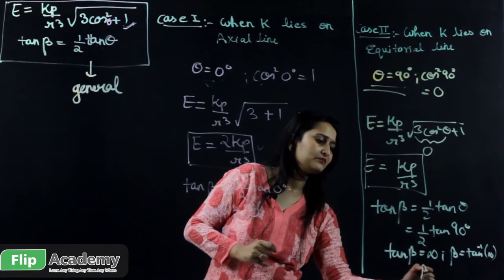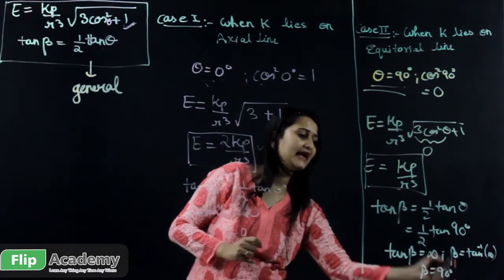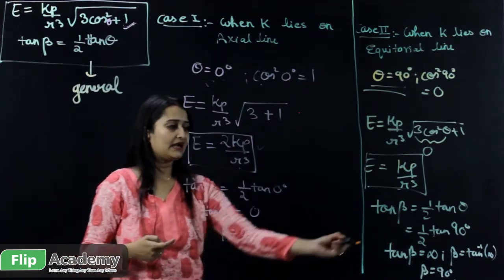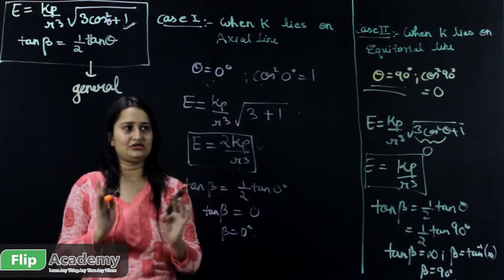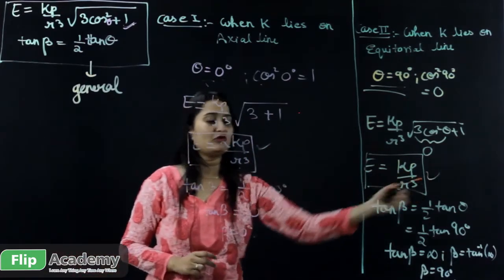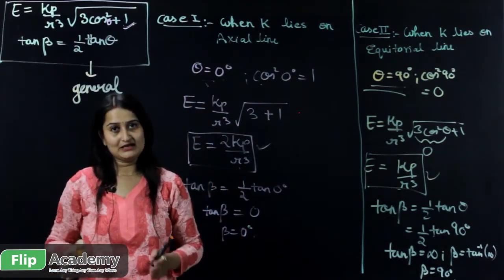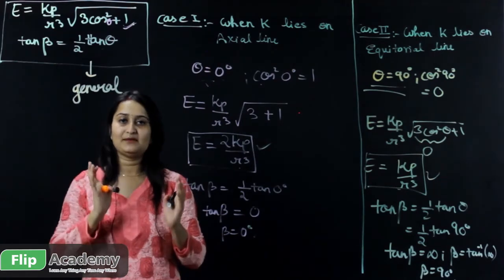So what is the answer? β is now coming 90 degree. So in this condition β is 0 degree, and in that condition β is 90 degree. So these are the two conditions that we've already worked about, and this is the general formula of the electric field intensity at any point.